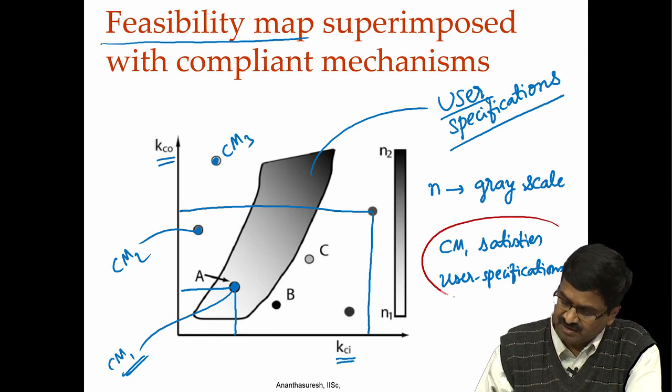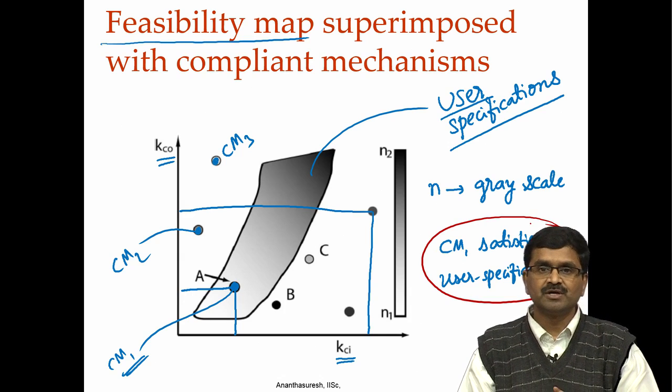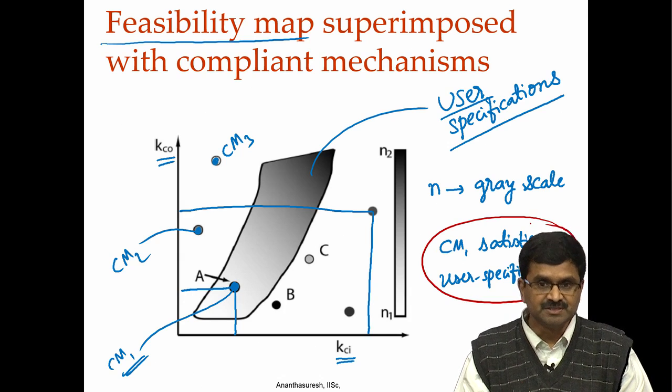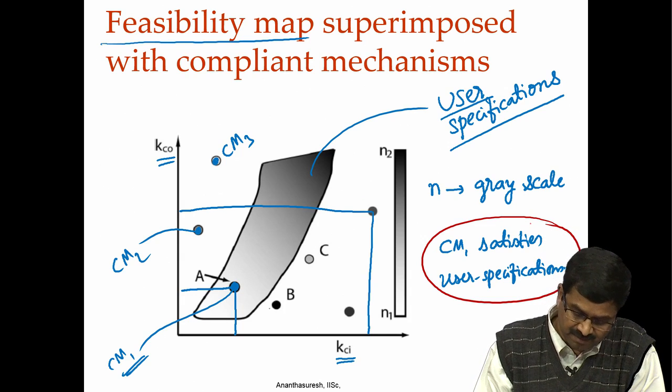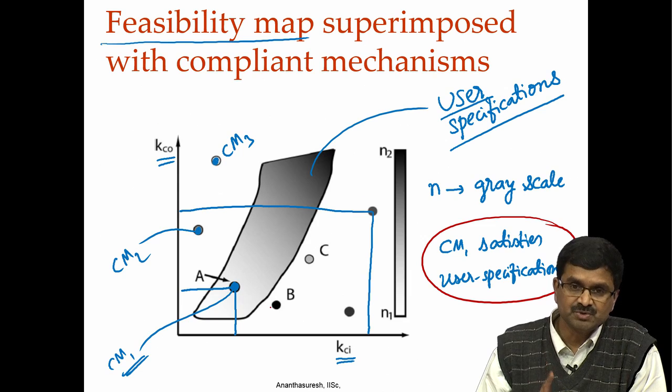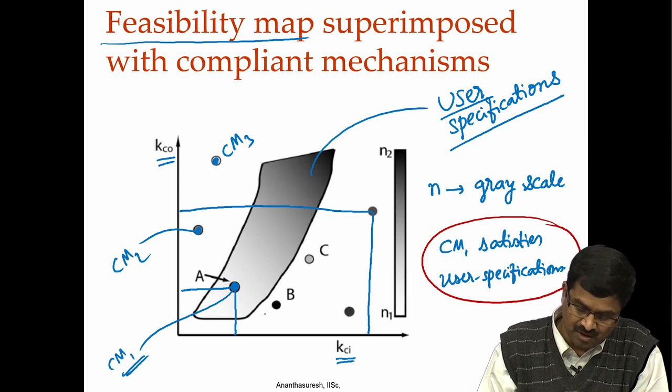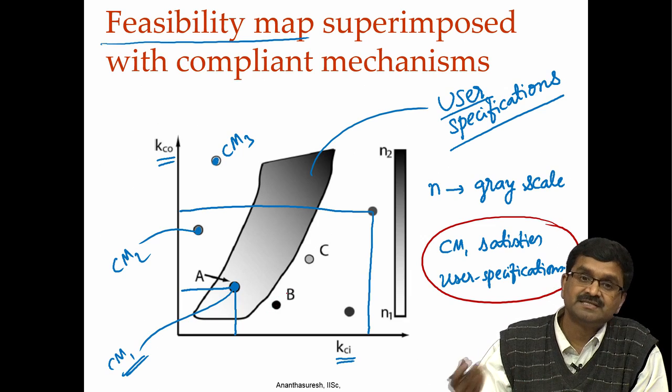So, we have a map in which we are superimposing the feasibility map and compliant mechanisms. Again, remember that each dot corresponds to a compliant mechanism. There could be other compliant mechanisms also, but corresponding to each dot there is a compliant mechanism.